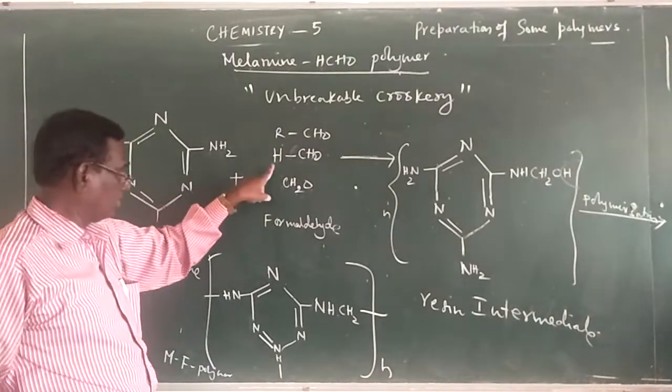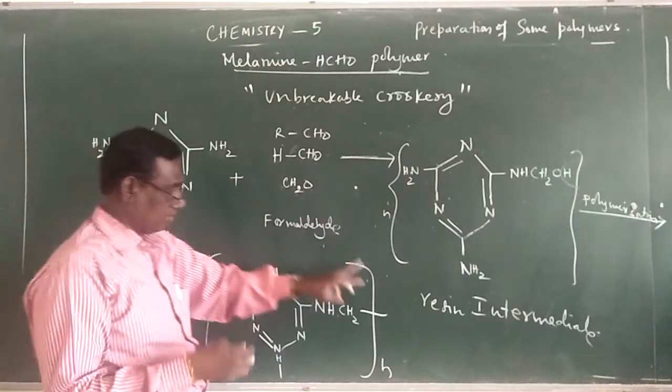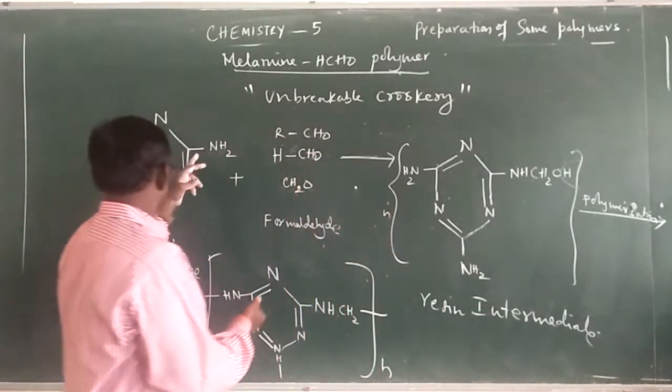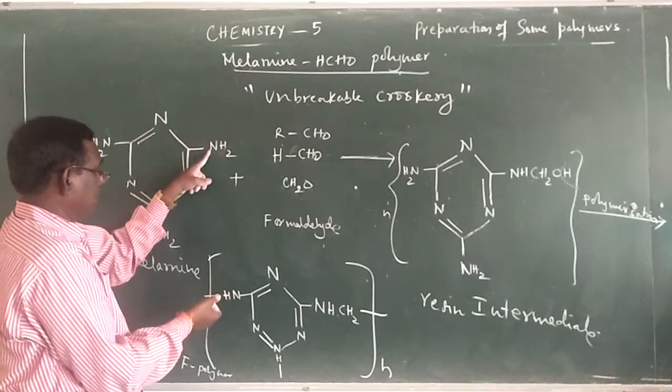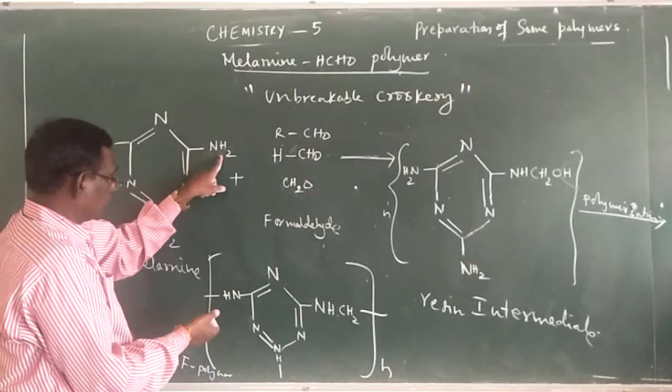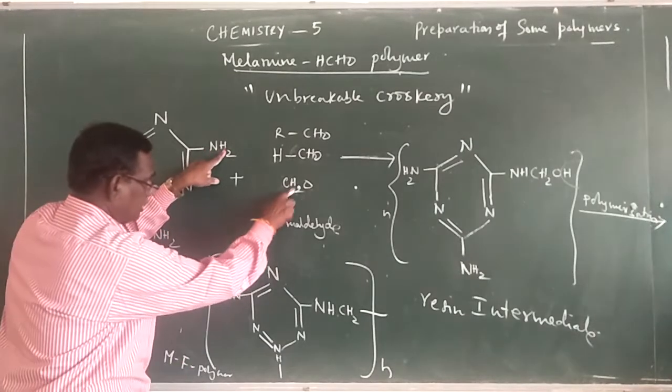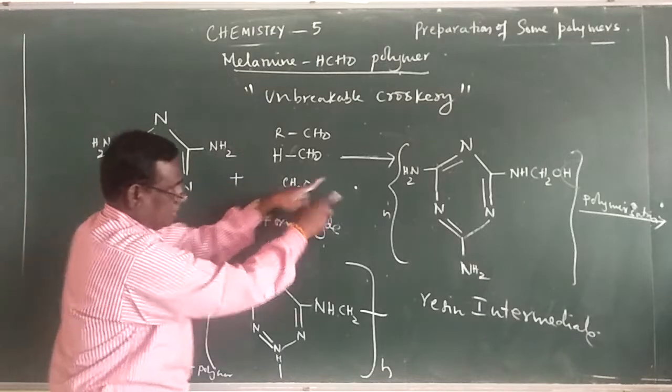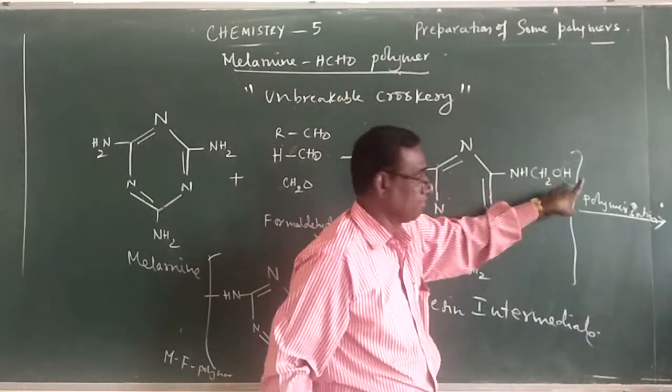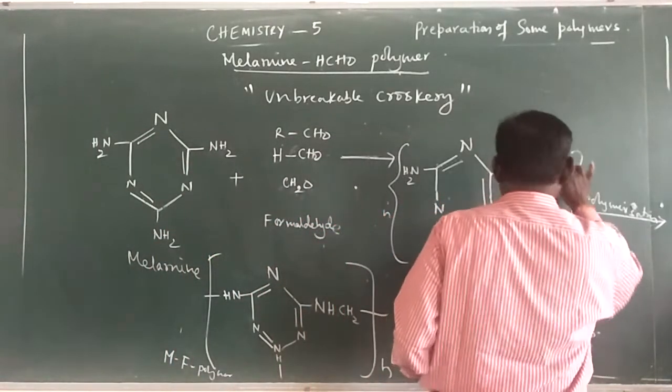Melamine reacts with formaldehyde first, forming the resin intermediate. How does this addition take place? Out of NH2, you remove H, giving NHCH2O, and again write this H here, NHCH2OH.